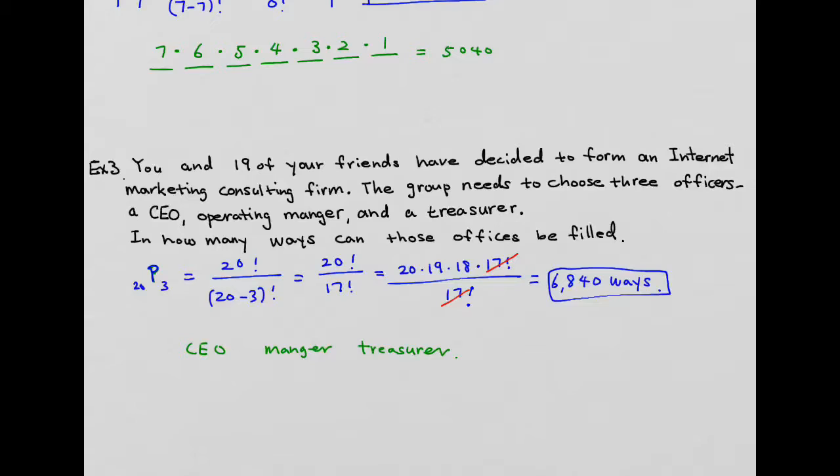If we're picking the first person for CEO out of 20, I have 20 options. Because I already picked one person to become CEO, I now have only 19 options for manager. Then I have only 18 options left for picking a treasurer. So when you multiply that, you end up getting the same number.